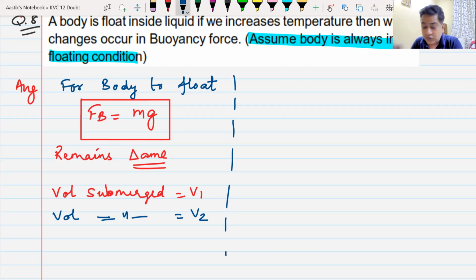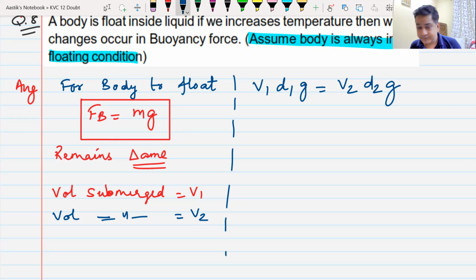Remember, buoyant force should be equal to the weight. So V1 into the density of the liquid D1 into g should be equal to V2 into D2 into g. Do we understand this? Yes, sir. Okay, then we call this F1.